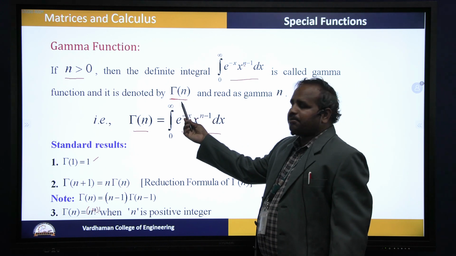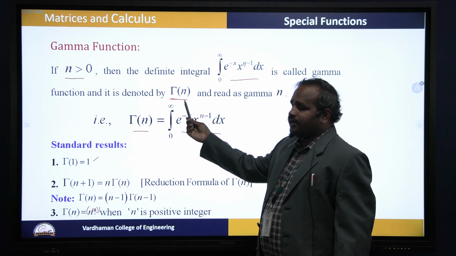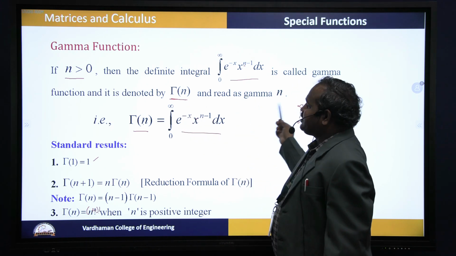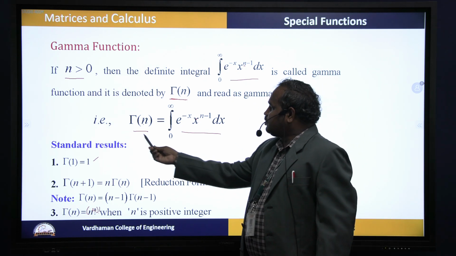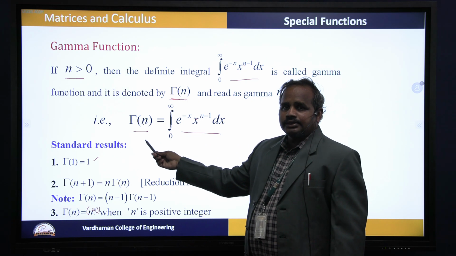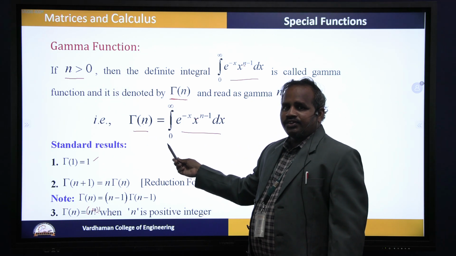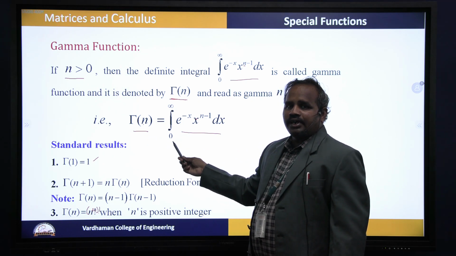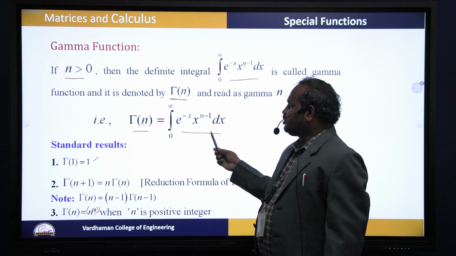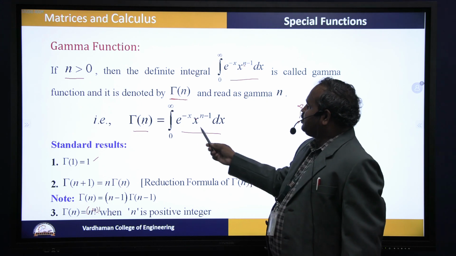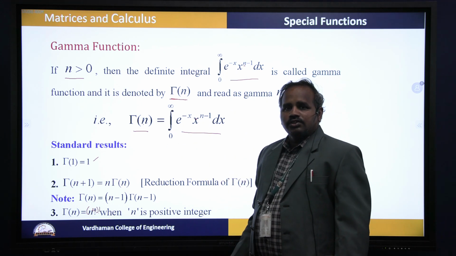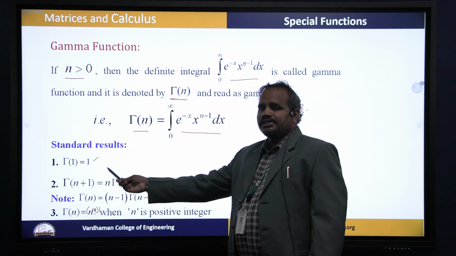Generally it is denoted by gamma of n and read as gamma of n. So the gamma of n formula is the integral from 0 to infinity of e power minus x into x power n minus 1 dx.